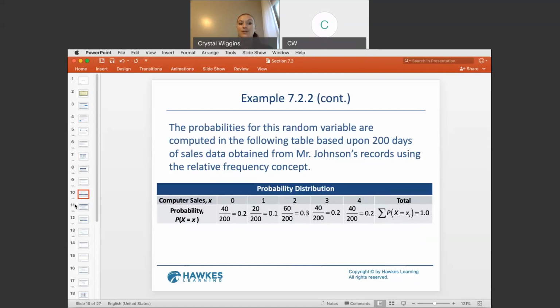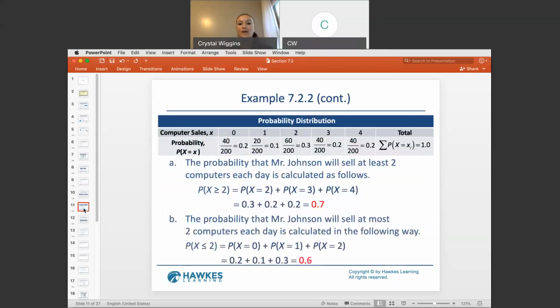Now to answer the questions he wants answered. What is the probability of at least 2 sales in a day? Well, think about money. At least $2 in my pocket means that I know I have $2, but I also might have more.